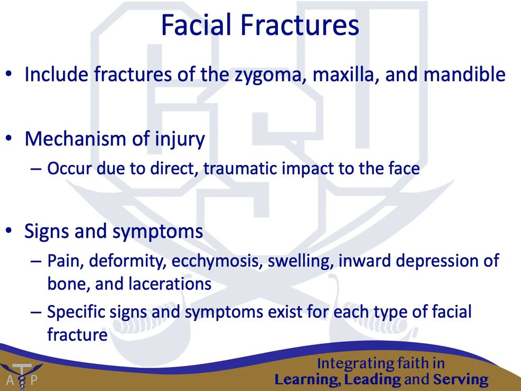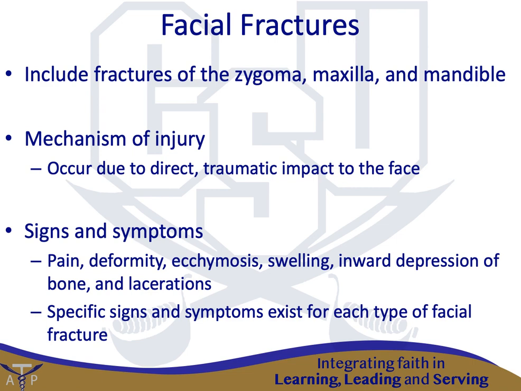The textbook describes some specific signs and symptoms for each type of facial fracture. For a zygoma fracture or a cheekbone fracture, they usually have a cheek flatness on that side, abnormal sensations, and possible blood in the eye on the injured side and visual disturbances because of that.